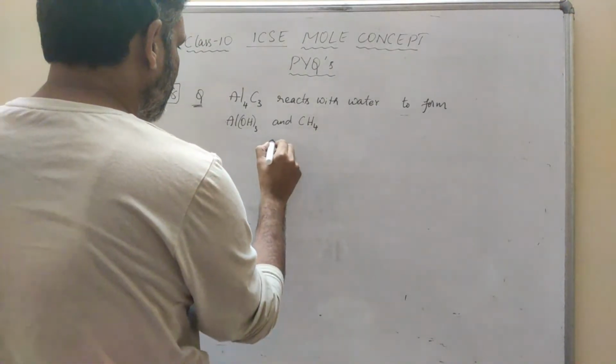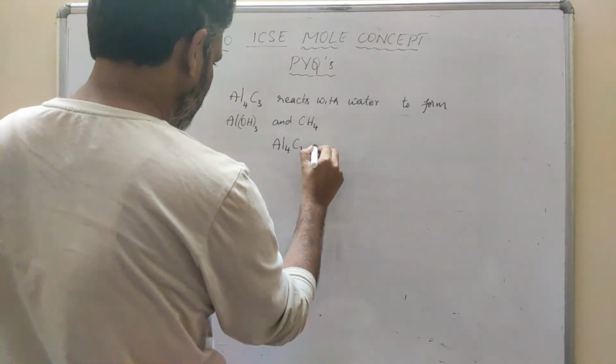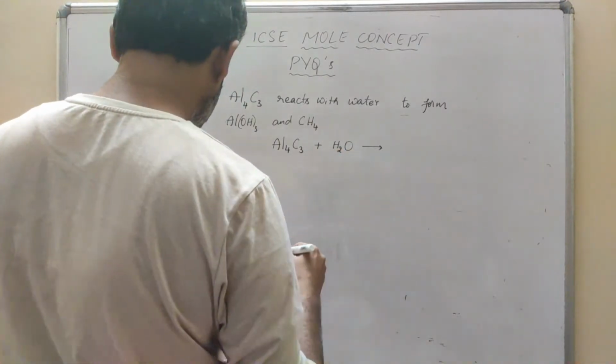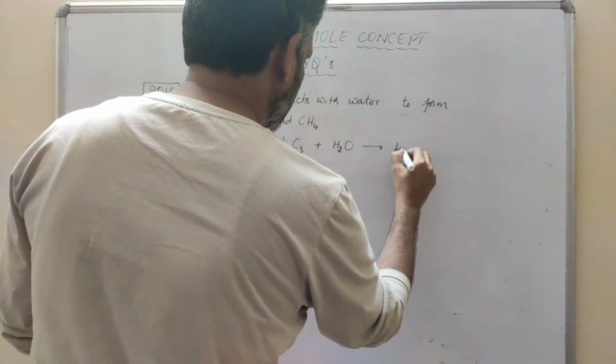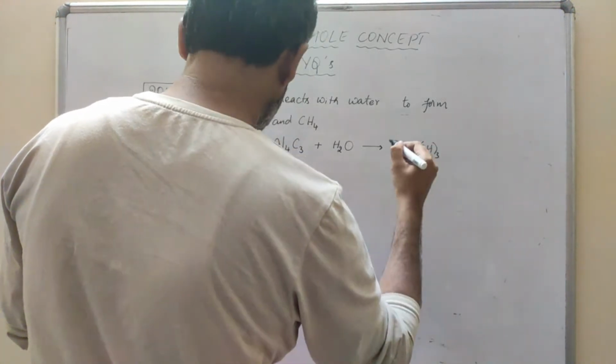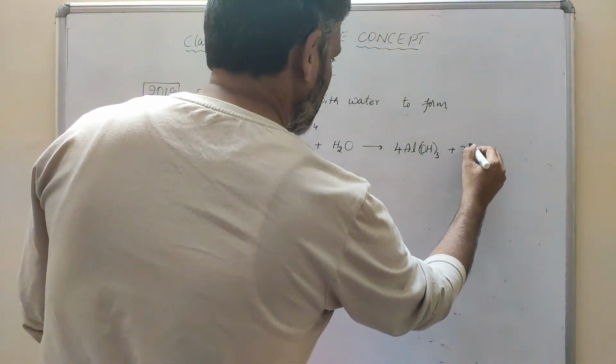And this is the equation: Al4C3 plus water gives 4 Al(OH)3 plus 3CH4.